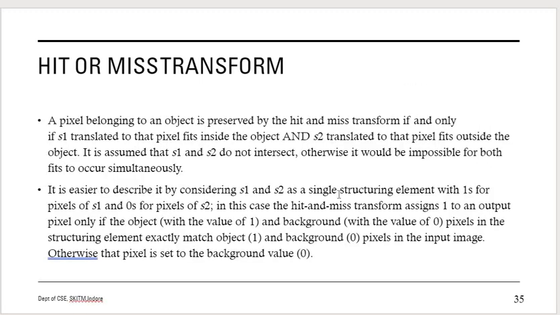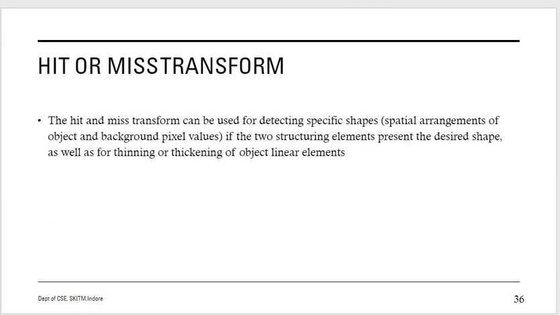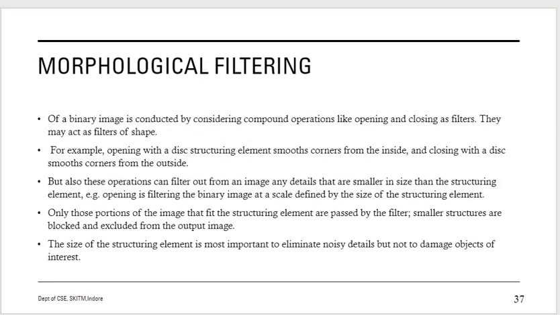Basically, if you are looking for a certain set of objects, a certain region or shape that we have to identify, at that time we apply the hit or miss transform. We use morphological filtering if we are looking for a particular kind of pattern in the image. At that time we use these morphological operations.